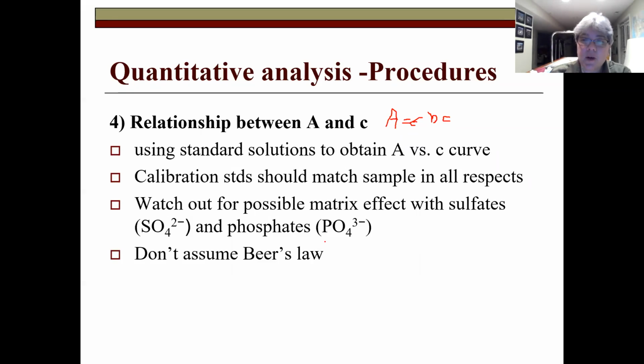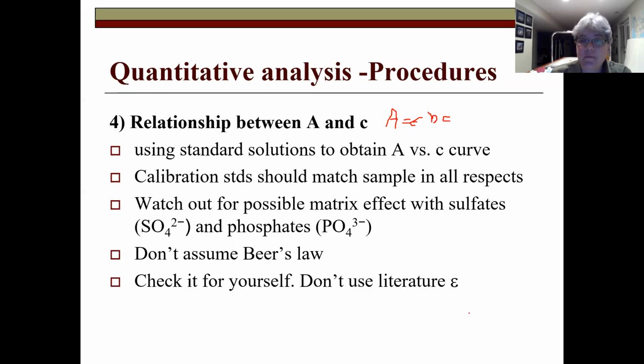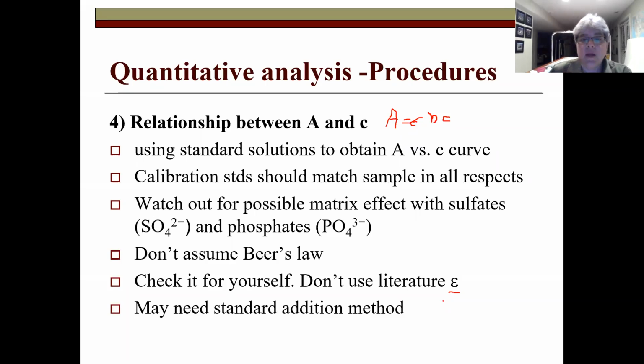So you never want to assume that Beer's law is true, and you never want to use the absorptivity from the literature. You should always do your own measurements on your own instrument. So you're doing them under your own conditions. Okay. And if you have some matrix effect problems, you might need to use standard addition to calibrate for that.